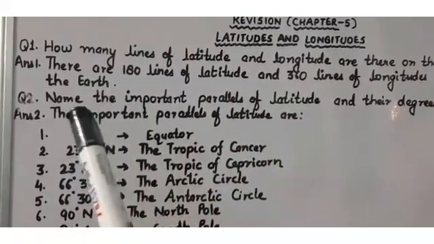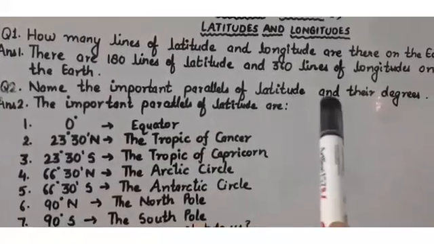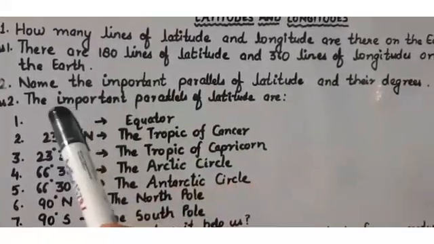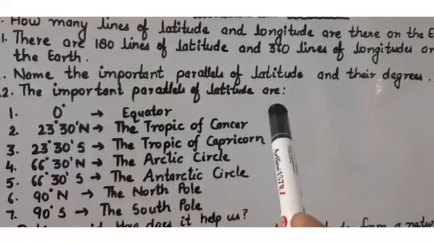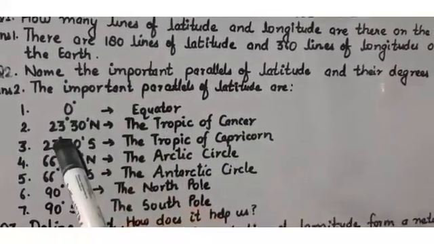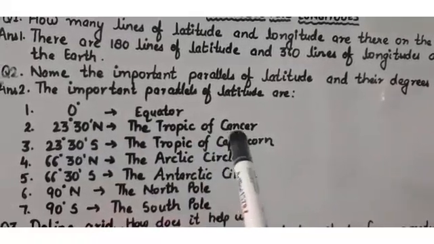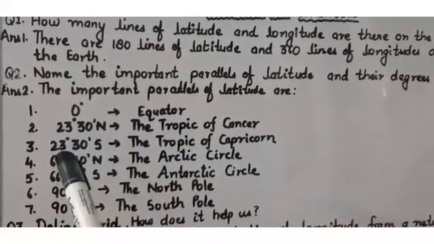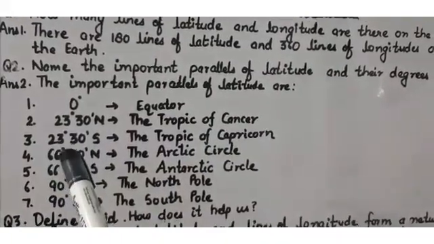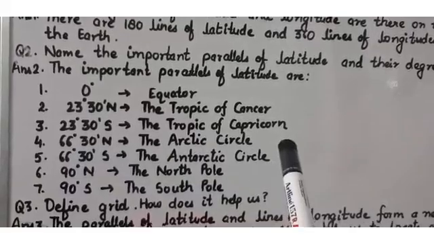Then, the second question is, name the important parallels of latitude and their degrees. The important parallels of latitude are number 1, 0 degree, that is the Equator. Number 2, 23 degree 30-minute north, that is the Tropic of Cancer. Number 3 is 23 degree 30-minute south, that is the Tropic of Capricorn.